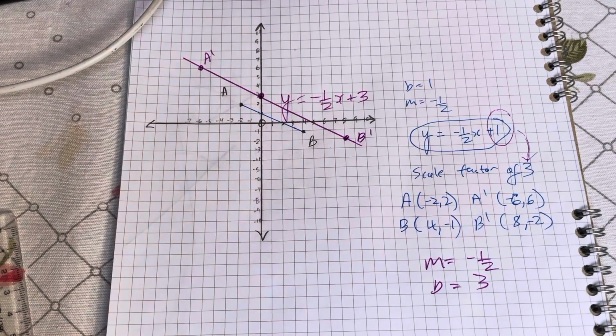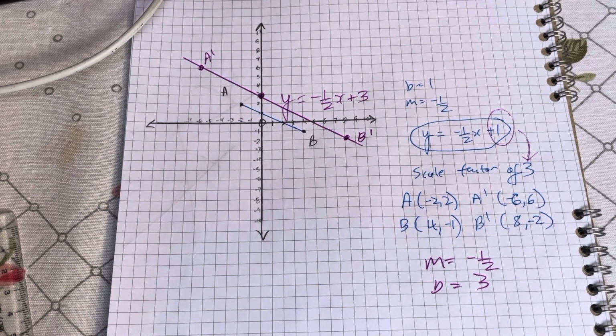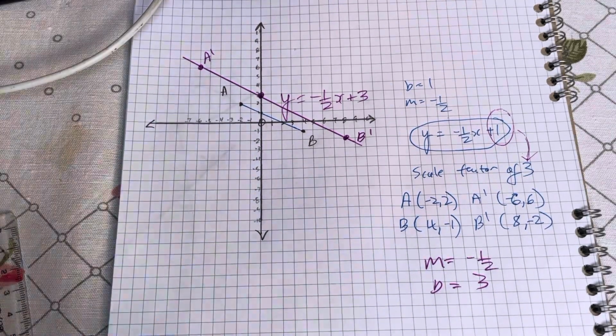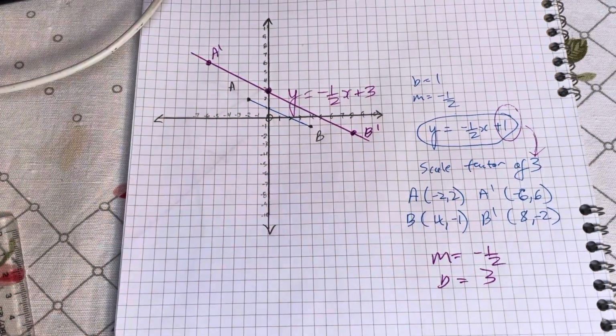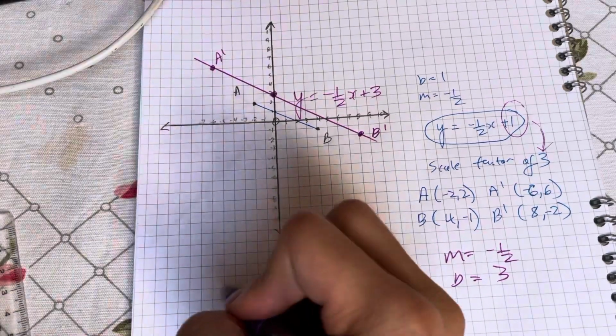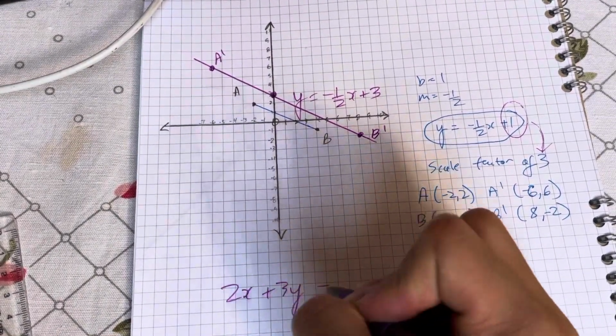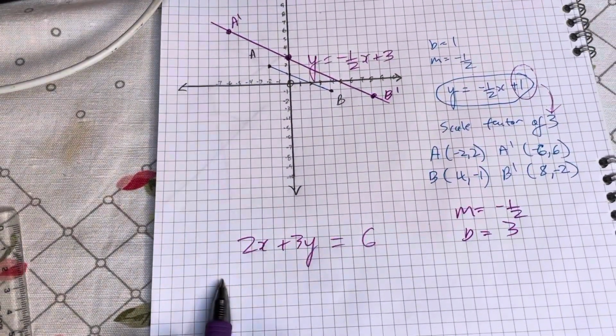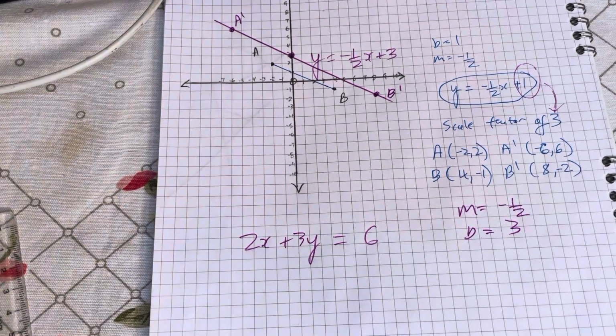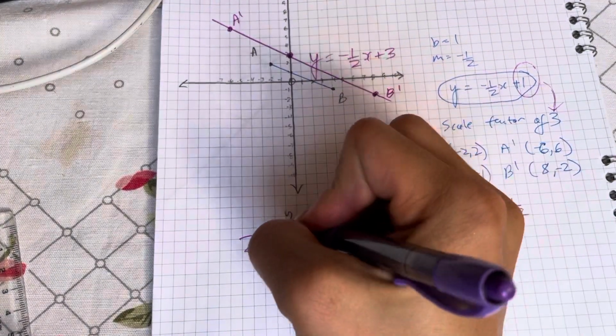What they are going to try to do is give you equations in standard form. Let's just say you have 2x plus 3y is equal to 6; you really need to know how to convert this. The way that you convert is you simply solve for y.